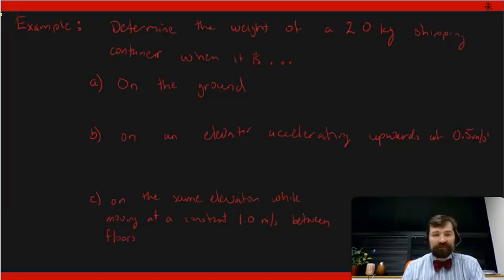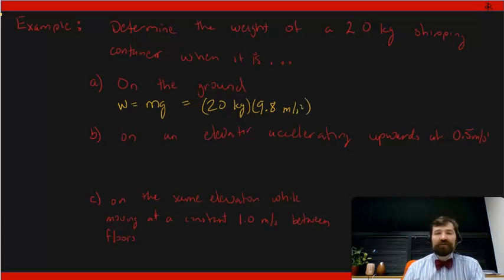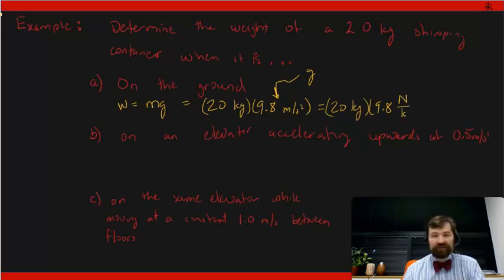Well, in this case, the weight will just be equal to m times g. So that is 20 kilograms times 9.8 meters per second squared. So g, this is the free fall acceleration, g. This can also be interpreted as 20 kilograms times 9.8 newtons per kilogram.